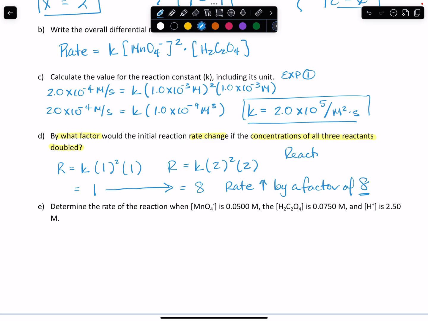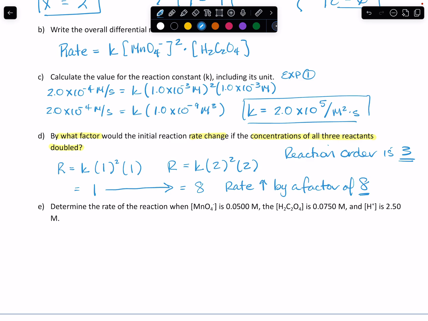The reaction order overall is 3. All right, so that means that whatever we do to our concentrations, we need to cube it in terms of what it's going to look like for the rate. If our overall reaction order was 2, then we would square it. If the overall reaction order was 4, we would raise it to the power of 4.